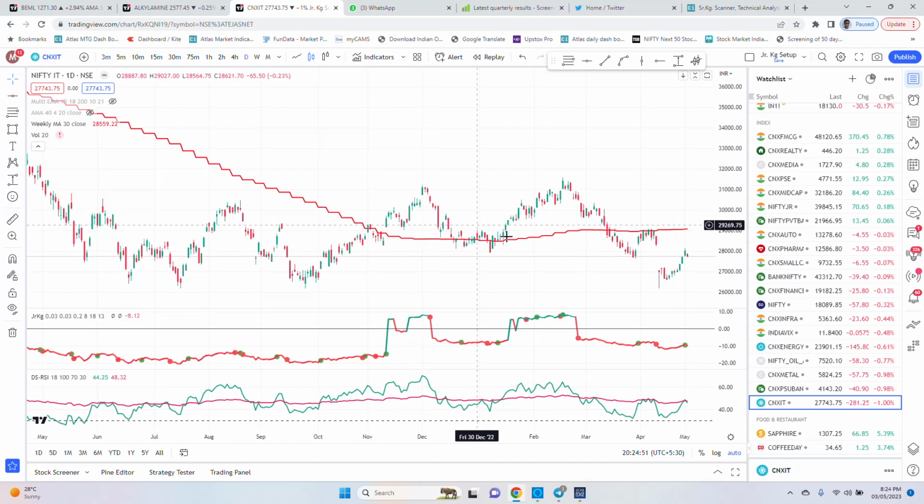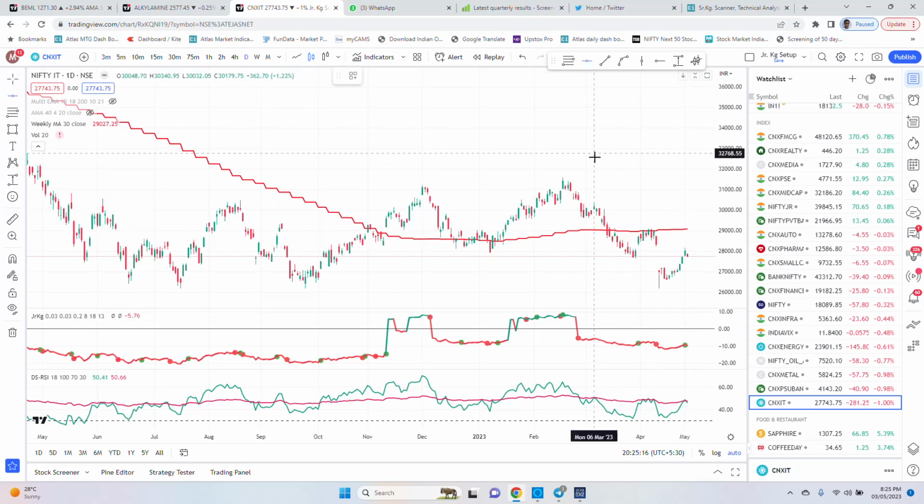I can't say that yet, because right now the IT index is trading below the 30 week moving average, and it is taking the support line. You see this, one, two, three, four times it has taken the 2670 support. I don't know how many days or weeks it will stay in the same range before it starts going up.